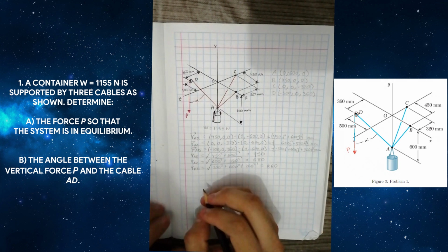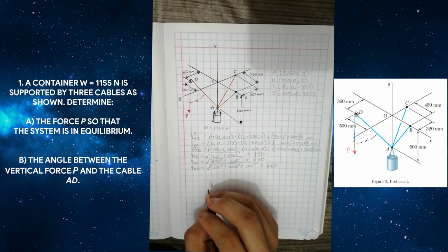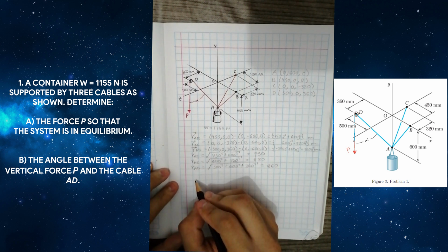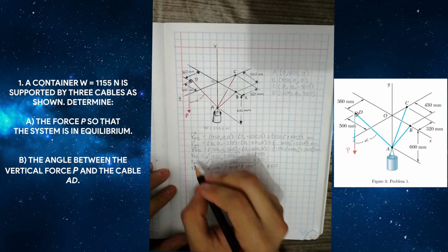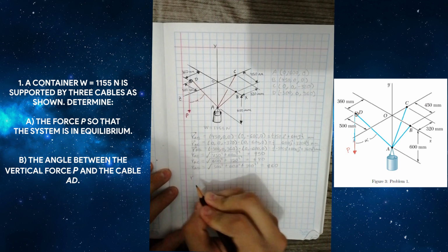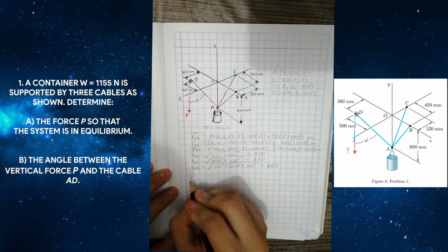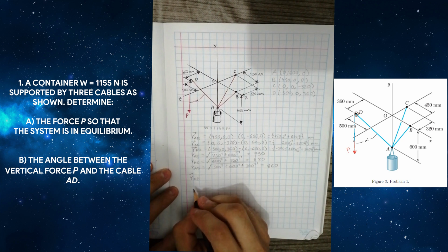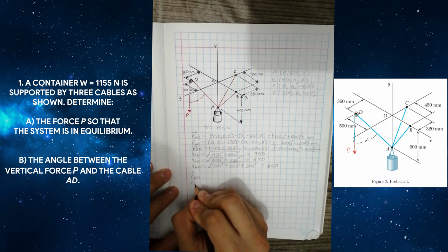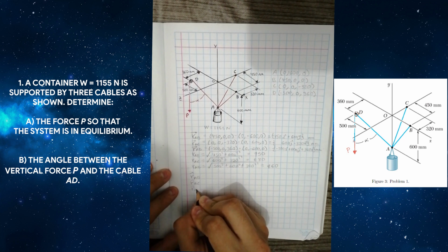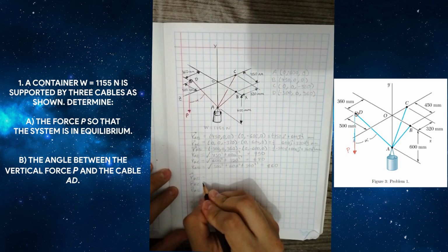Well, the next step is to find the respective unit vector for each vector. The first unit vector is the unit vector AB. The next is AC, and the last AD.